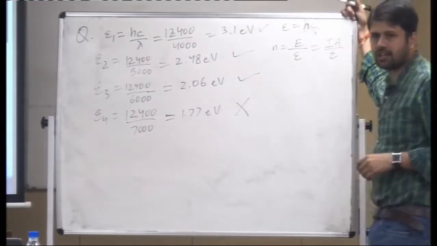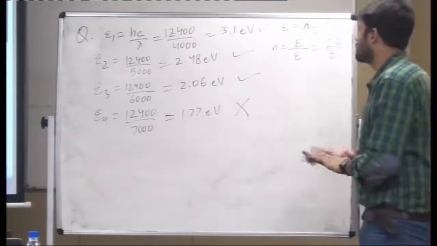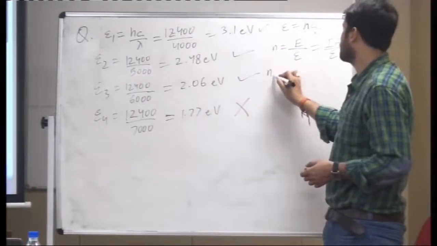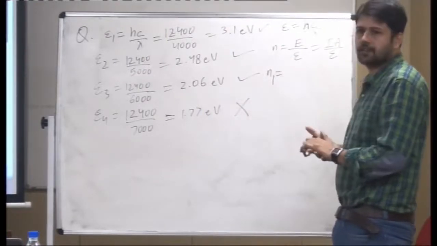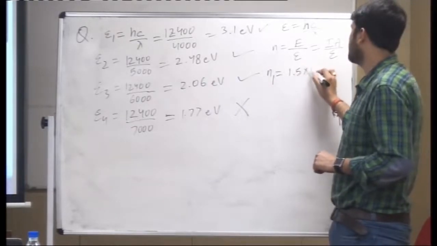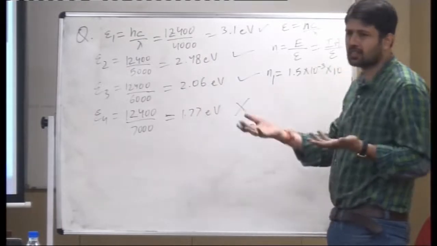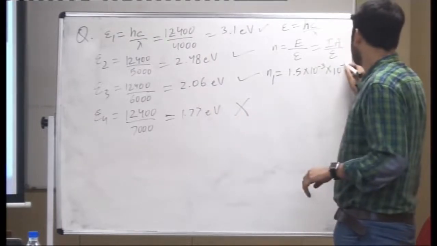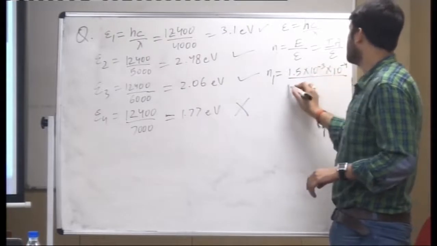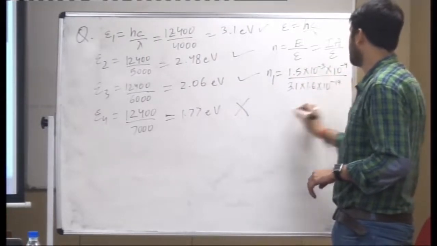This is the number of photons incident in 1 second. So for the first one, the number of photons would be how much? The intensity is 1.5 into 10 raised to power minus 3 into the area is 10 raised to power how much? कितना दिया था? Minus 4, upon the energy, which is 3.1 into 1.6 into 10 raised to power minus 19.